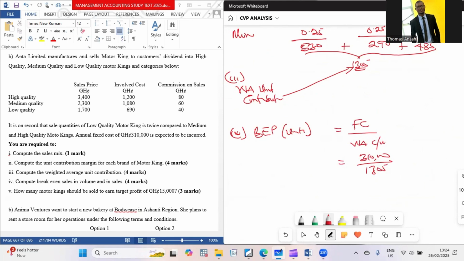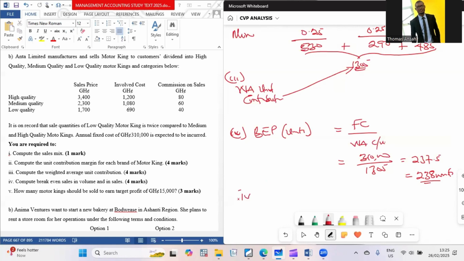So 310,000 divided by 1,305 gives me 237.5. We are dealing in units, so let's make it 238 rounded. All right, so that is that.